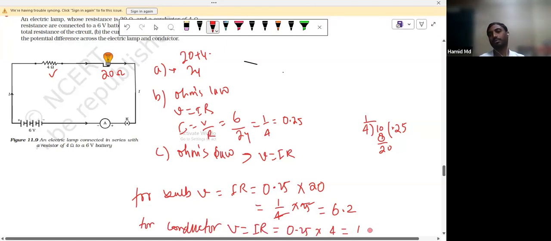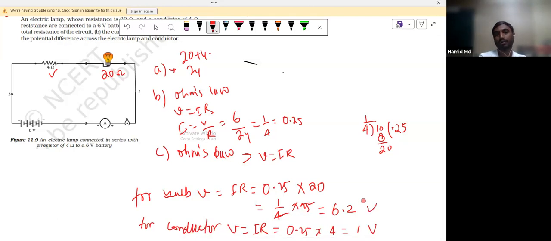This is volt, this is ampere, and this is ohm. Clear? Any doubt from this class? No, sir. There are n number of doubts. When you come into practice, you will feel okay. So I think it was a bit mathematical.